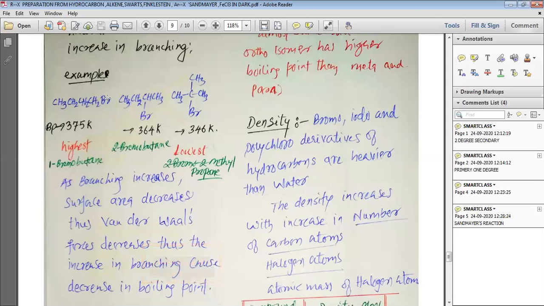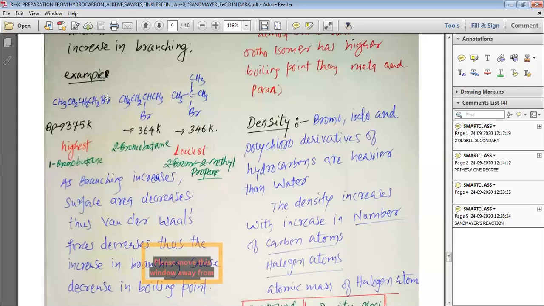So we can have 1-bromobutane, we can have 2-bromobutane, and we can have 2-methyl-2-bromopropane. These all have 4 carbons, but as the branching increases, you can see the boiling point. Boiling point for the normal or the 1-bromobutane is 375 Kelvin, but for 2-bromobutane it is 364 Kelvin, but for 2-bromo-2-methylpropane it is 346 Kelvin.